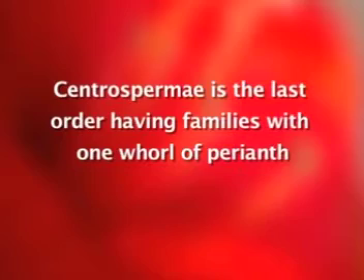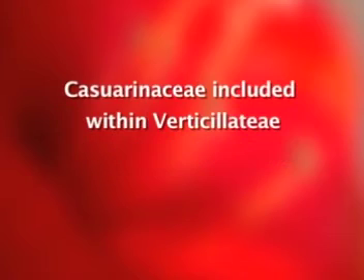These families with aments of wind-pollinated flowers are referred to as a homogeneous group called Amentiferae. The actinomorphic families are followed by the monochlamydeous ones. The Centrospermae is the last order having families with one whorl of perianth. The Cucurbitaceae included within Verticillatae is considered to be primitive on account of chasmogamy.